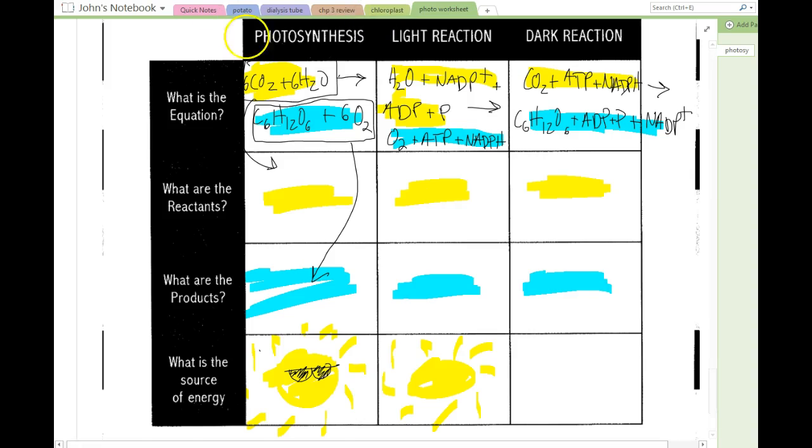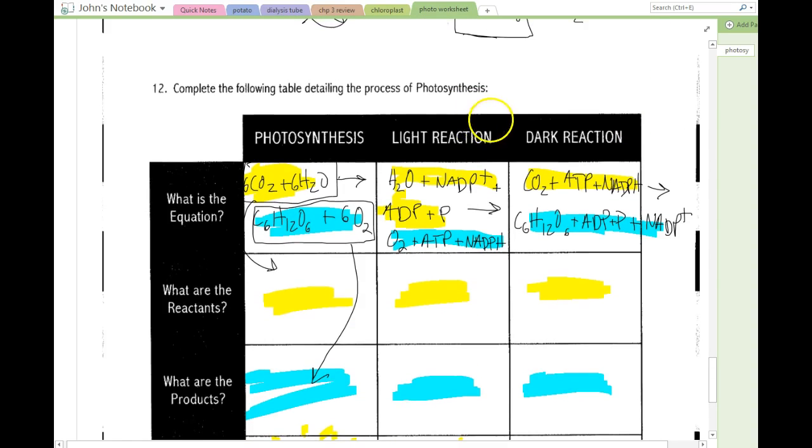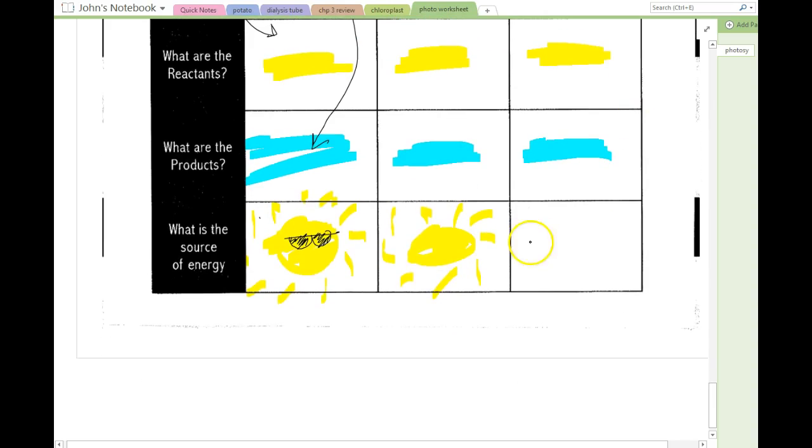And where does the energy for the dark reactions come from? By the way, is that a good name, dark reaction? No, what's a better name for that? Light independent. Where does the energy come from? The light dependent reactions.